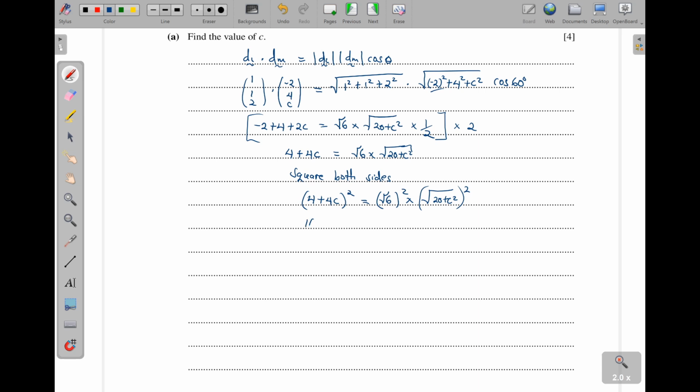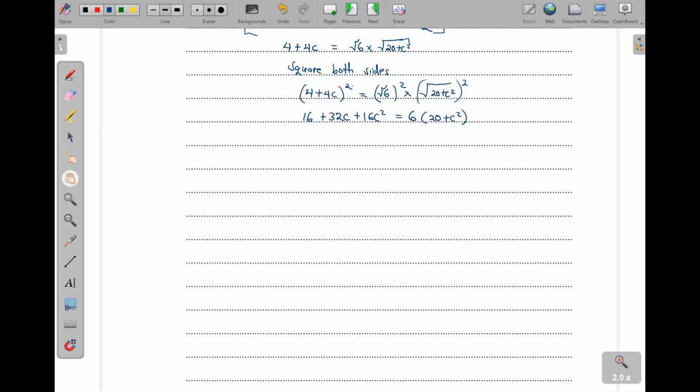So here we shall get 16, then 2 times 4, that is 8 times 4, 32. So we shall have plus 32c, then plus square the 4c. That one will give you a 16c squared. Then here you will get a 6, then into 20 plus c squared. Then opening the brackets, we can have, this is 16c squared plus the 32c, okay, then plus the 16.